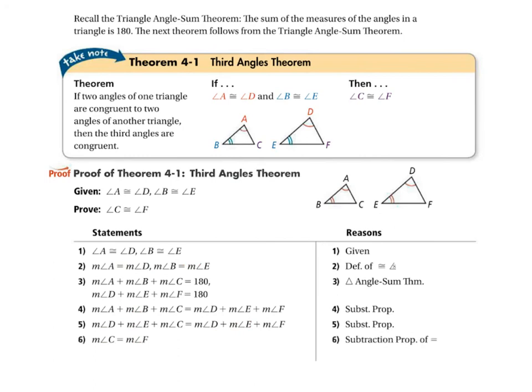And once we do that, we get that the measure of angle C is equal to the measure of angle F, and therefore angle C is congruent to angle F by the definition of congruent angles. Neat, right? Okay. All that to say that it's true that if you know 2 angles are the same in 2 different triangles, then you know the third angle is the same as well.